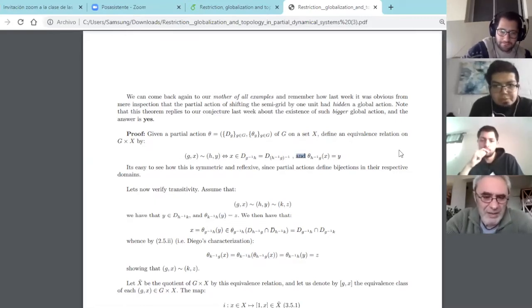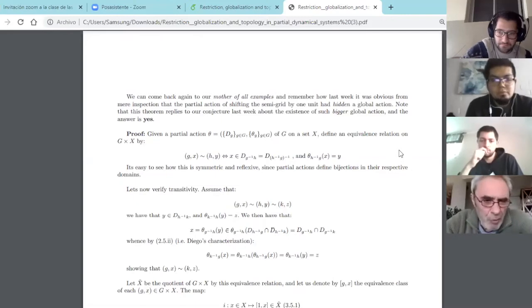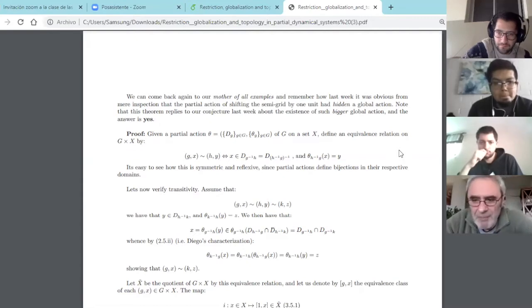Okay, let me see. So I have a pair of points G and X, and another one H and Y. How can I describe the connection? So first of all, I see that X and Y should belong to the same orbit. Maybe some of the words are not exact, they are metaphors.